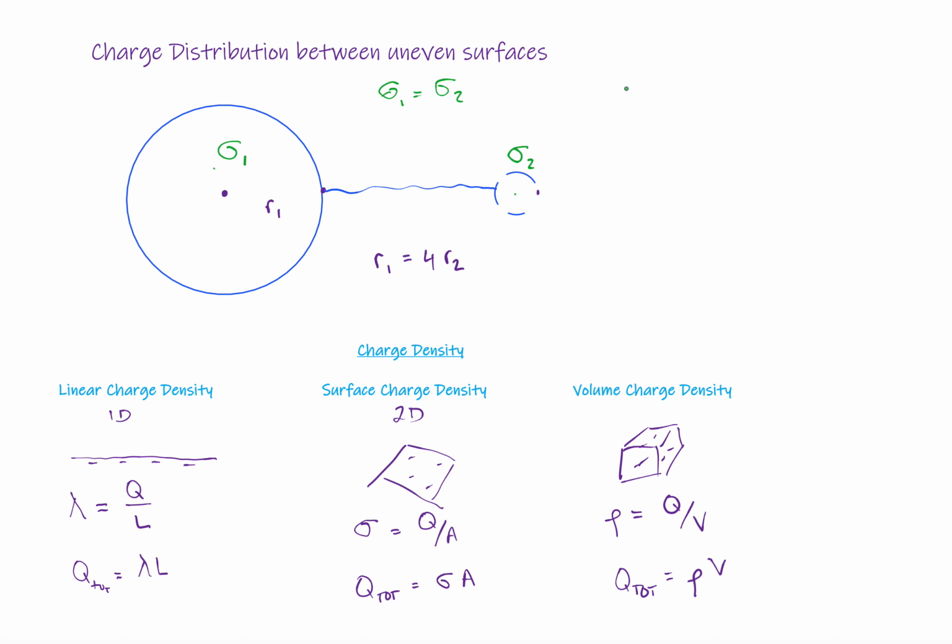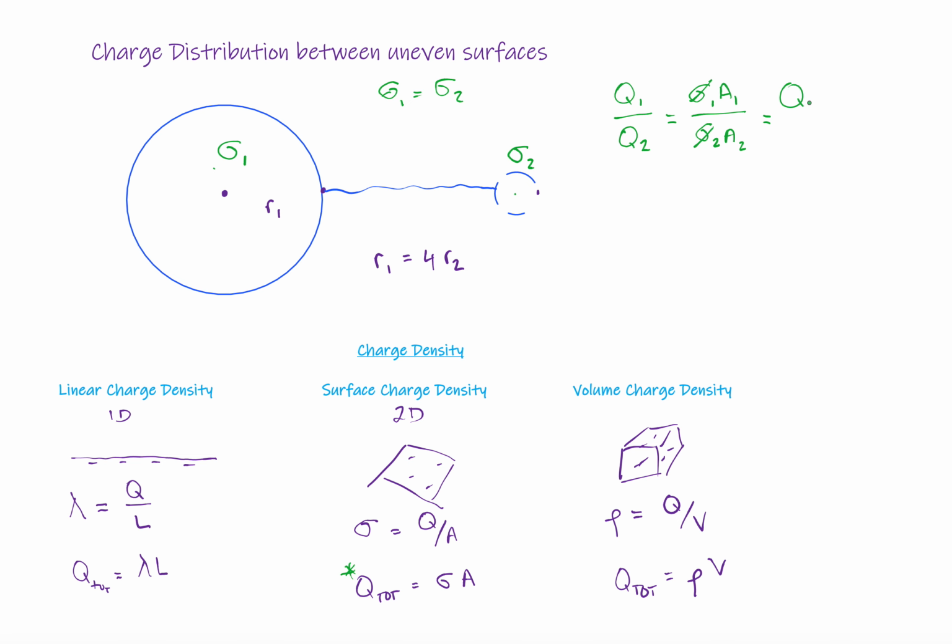Now what I could say is, let's figure out the amount of charge on object 1 to the amount of charge on object 2. And what we might do there is substitute in the expression that we just came up with over here and say that that's equal to sigma 1 times area 1 over sigma 2 times area 2. Now if we said the sigmas are the same, those would factor out, and I'm going to write the surface area of each sphere into this.